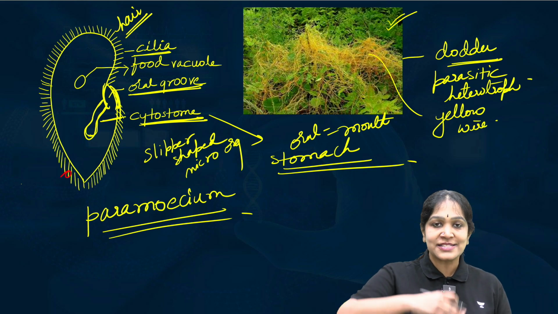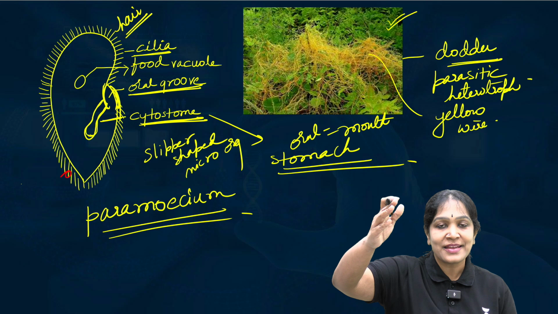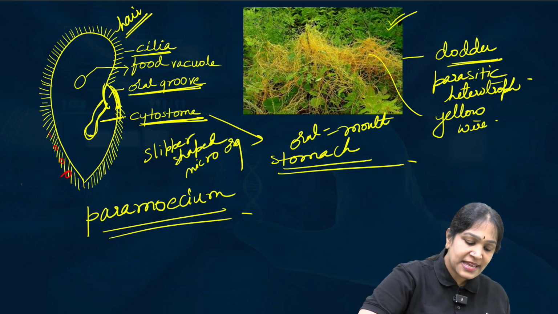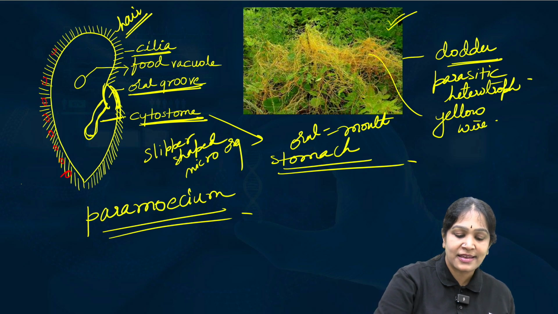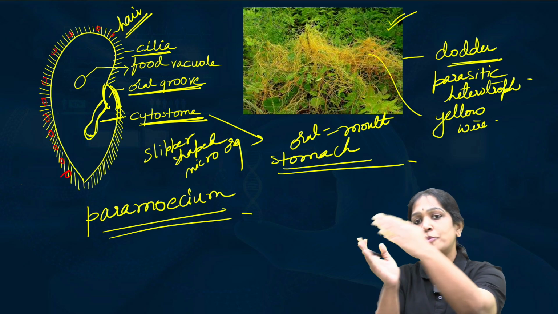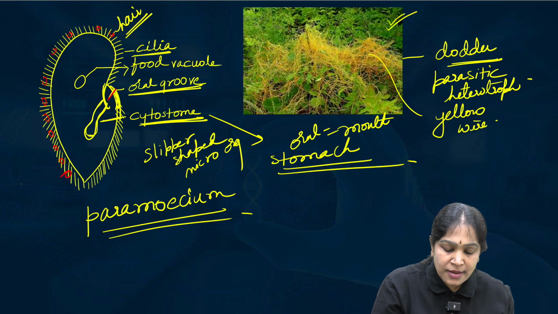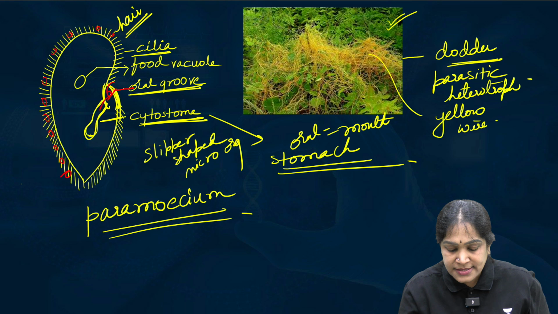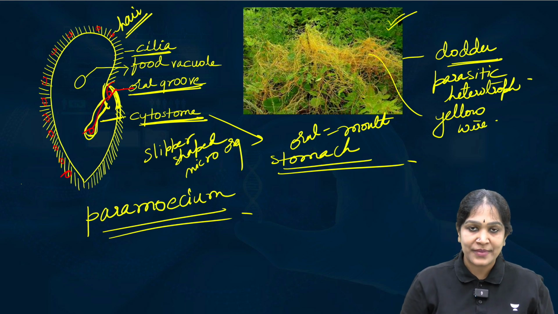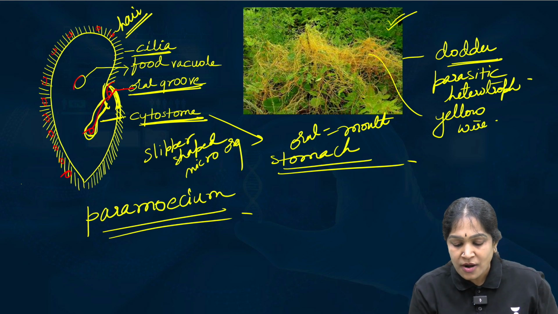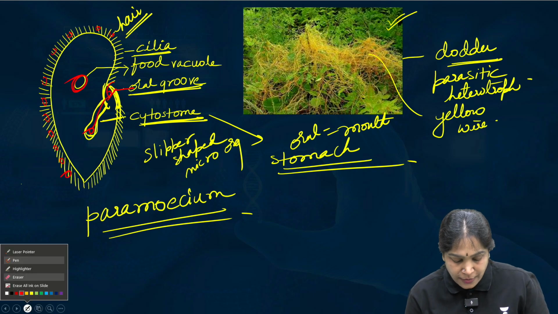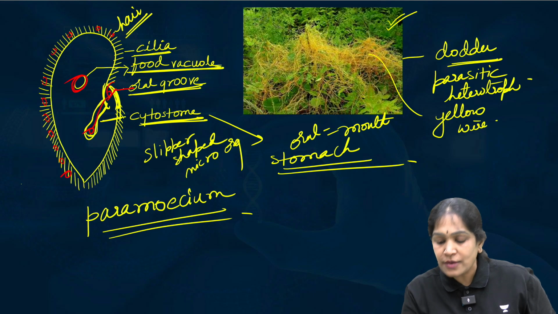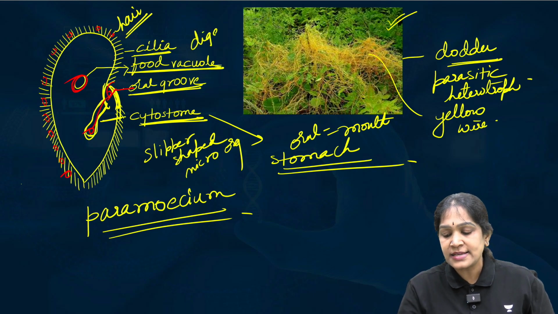Just as if it is brushing, just as if it is sweeping, the cilia will push the food towards the oral groove, that is towards the mouth, and then the food enters into the cytostome, and then it forms a food vacuole. This is where the food is digested.